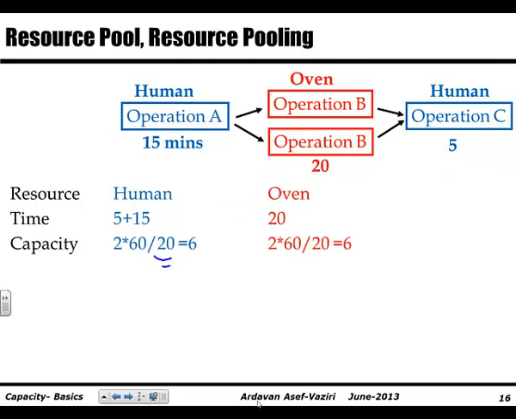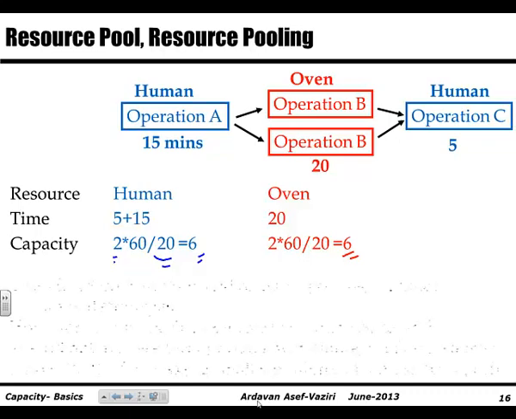Capacity of one human resource is 60 divided by 20, which is 3, but I have two human resources, so capacity is 6. Capacity of the capital resource, which is the oven, is 6. Capacity of both of them are equal. They both are bottleneck.